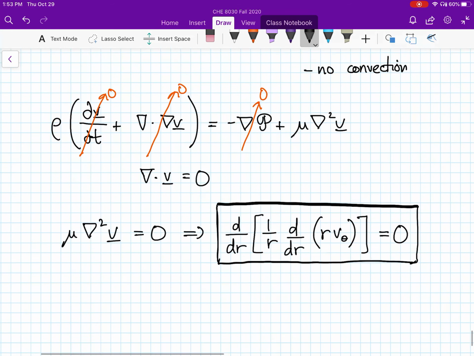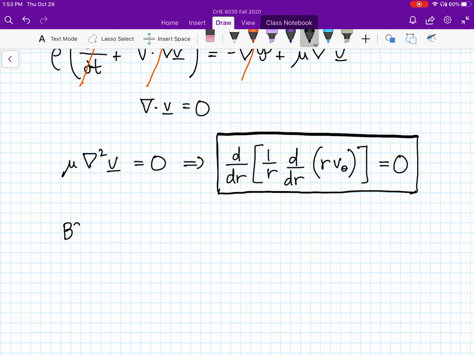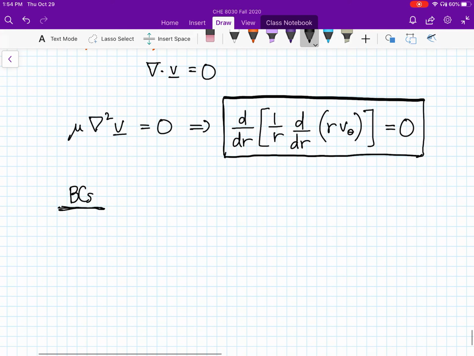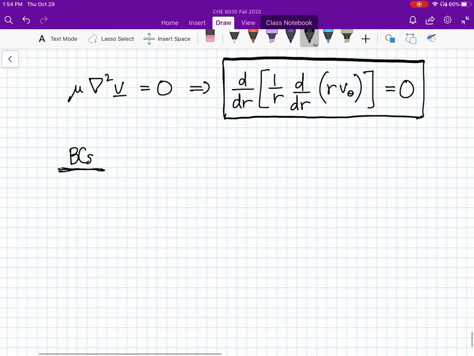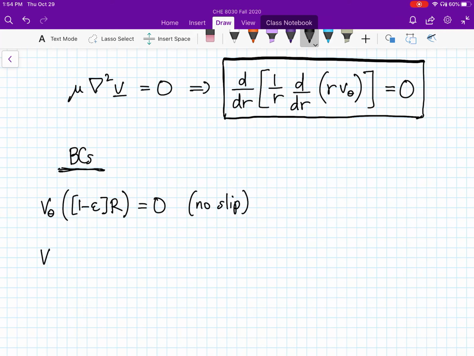I can now write my boundary conditions for the problem. Okay, so I have two no-slip boundary conditions. I know that the velocity at (1 minus epsilon) R, or the surface of the inner pipe, is equal to 0. That inner pipe is stationary. And I also know that the velocity at R, or the outer pipe, is equal to the velocity of that outer pipe.